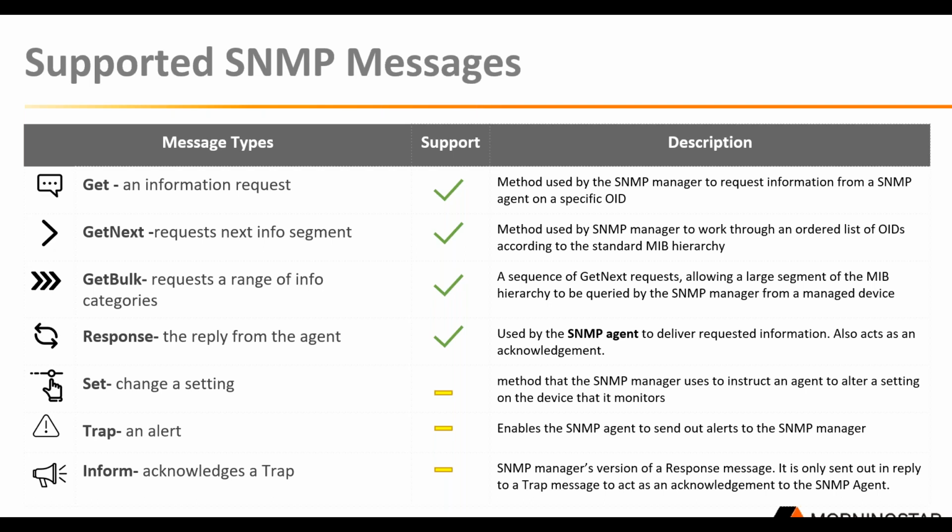It was only added for SNMP version 2C. And so that is one of the benefits that you have. Instead of issuing a bunch of iterative GET and GET next commands, you can just do a GET bulk and retrieve all types of data simultaneously, as opposed to one by one.